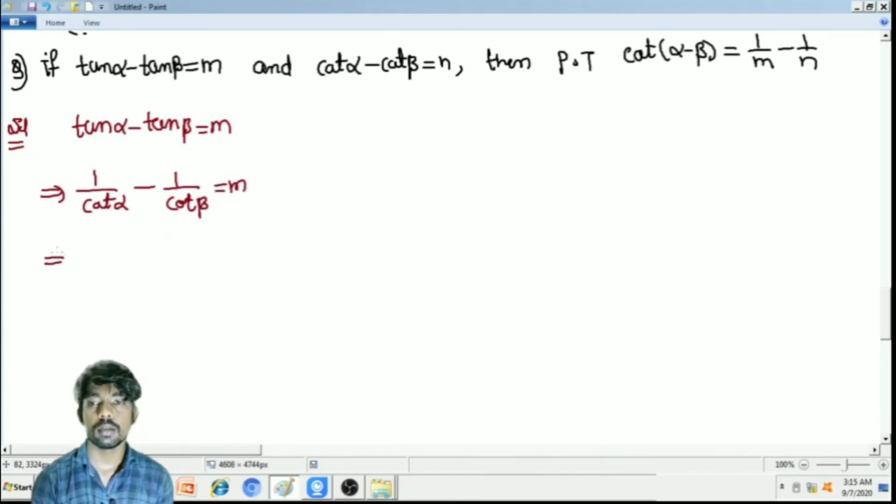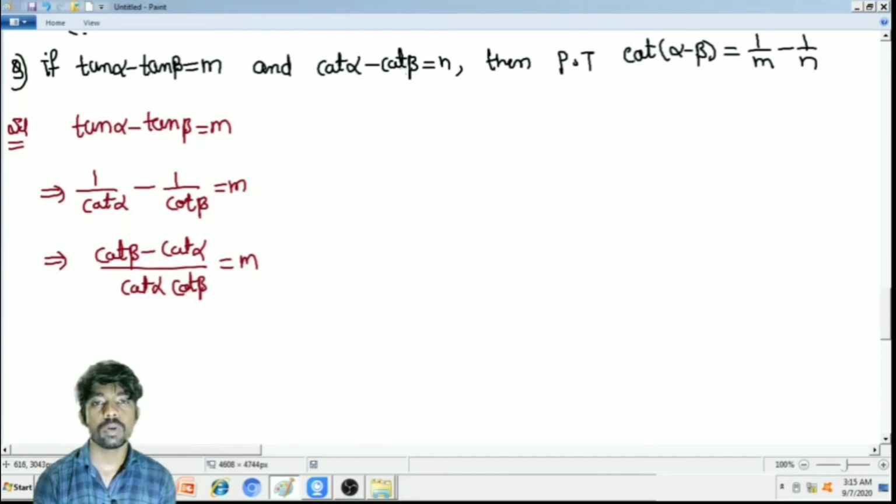We have cot alpha − cot beta equal to n. If I take minus common, then cot beta − cot alpha is equal to −n.